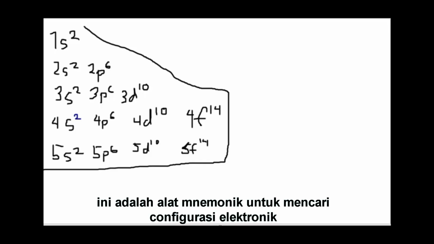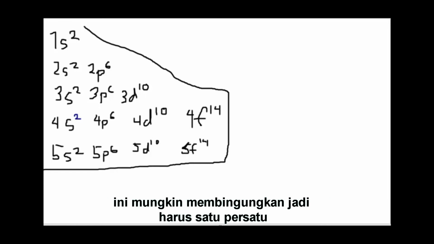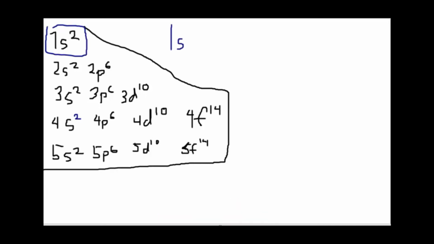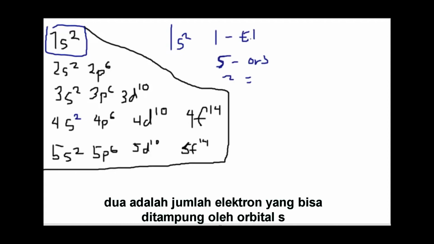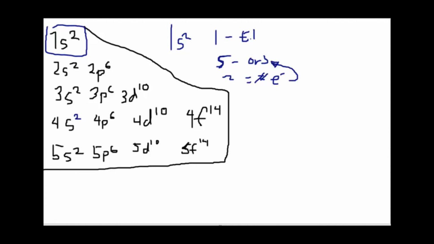So, hey guys, this is the mnemonic device that you will use to find the electron configuration. You're probably confused, so I'm going to take this one out first. So 1 is the energy level, and 2 is the number of electrons that can fit into this orbital, right? It's like that.